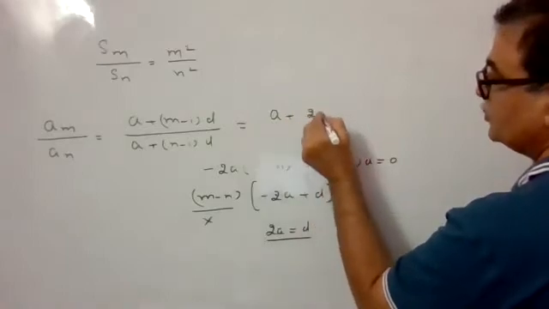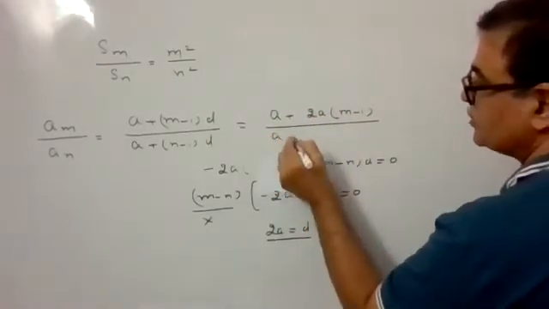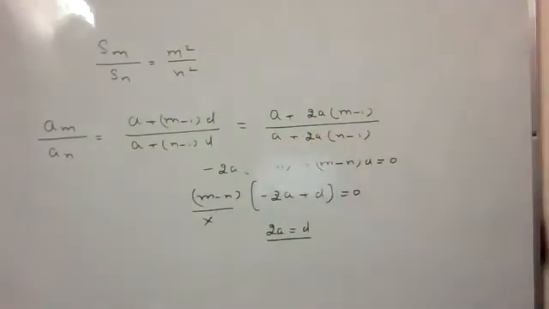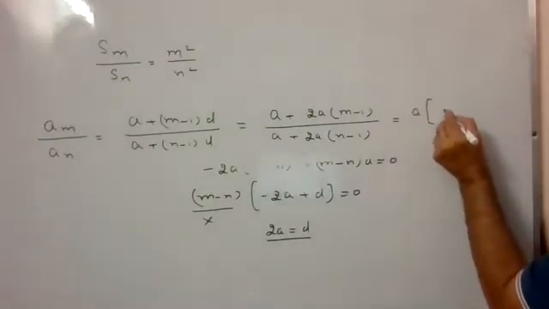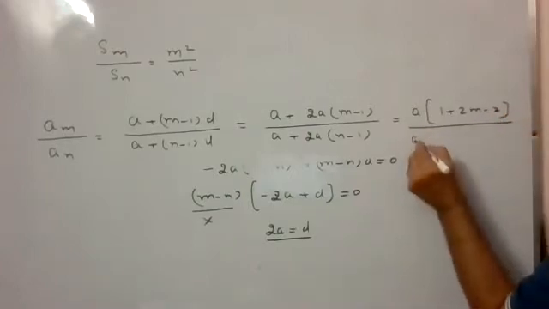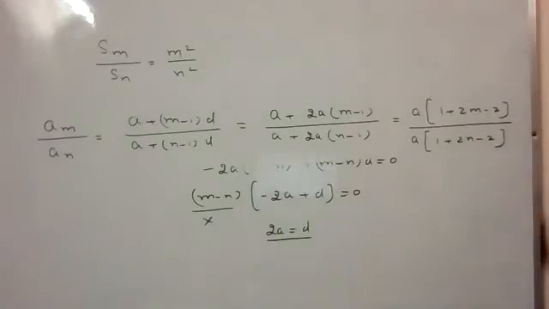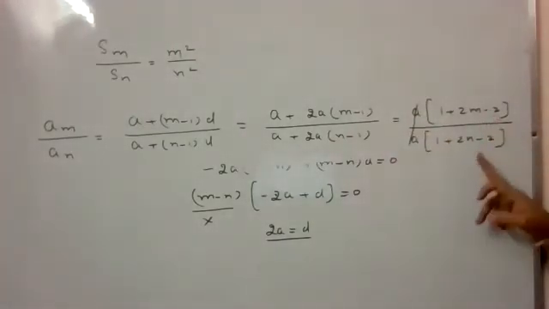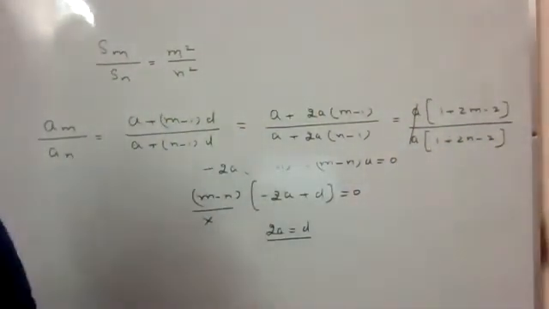So a plus 2a times m minus 1, this is also a plus 2a times n minus 1. Then a will be common in all, left is 1 plus 2m minus 2, and here it is again 1 plus 2n minus 2. The a gets cancelled out, this is left 2m minus 1, this is left 2n minus 1. Hence proved.